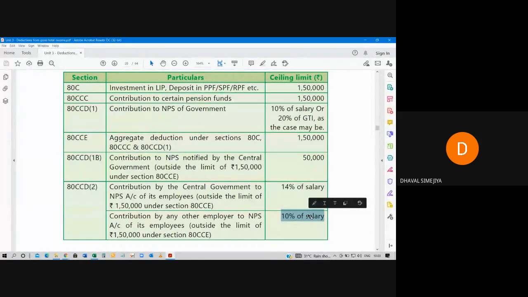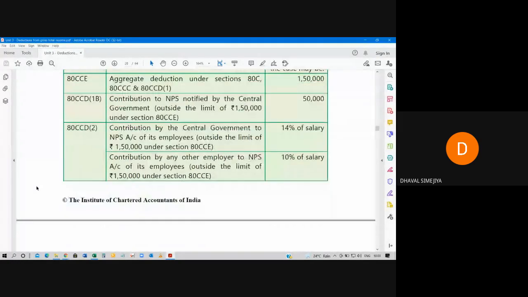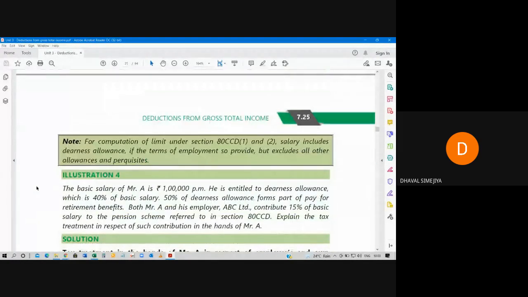Done. One practical question we have done, illustration number 5, right? And today we are going to solve illustration number 4. Is it clear till this?